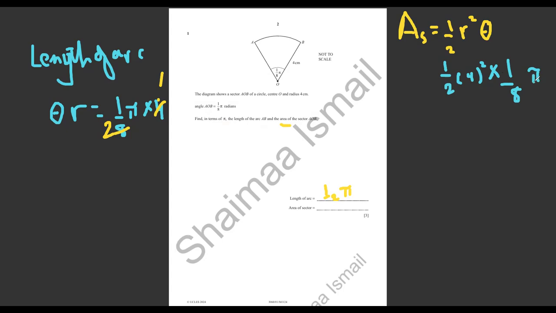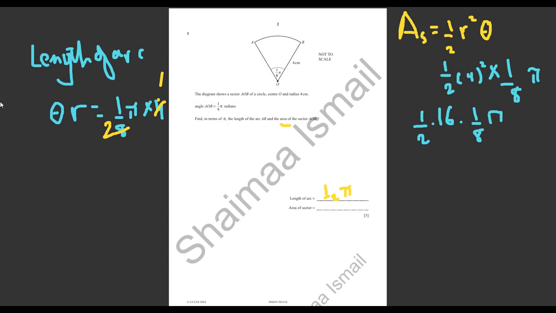Here 4 squared is 16, dividing by 2, which is equal to 8. So it's half multiplied by 16 multiplied by 1 over 8 pi.